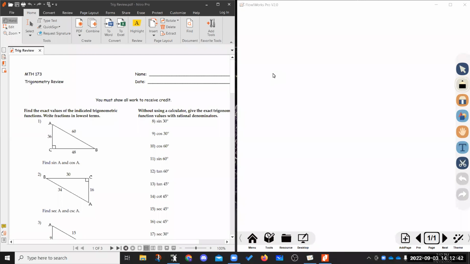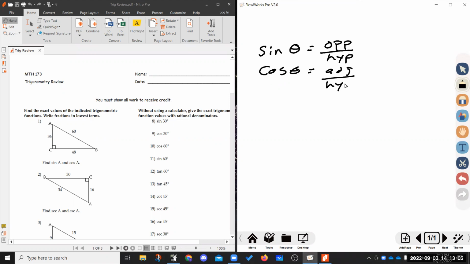We want to find the exact value of sine of angle A and cosine of angle A in the first problem. Remember that the sine of your angle is equal to your opposite side divided by your hypotenuse, and the cosine of your angle is your adjacent side divided by your hypotenuse.